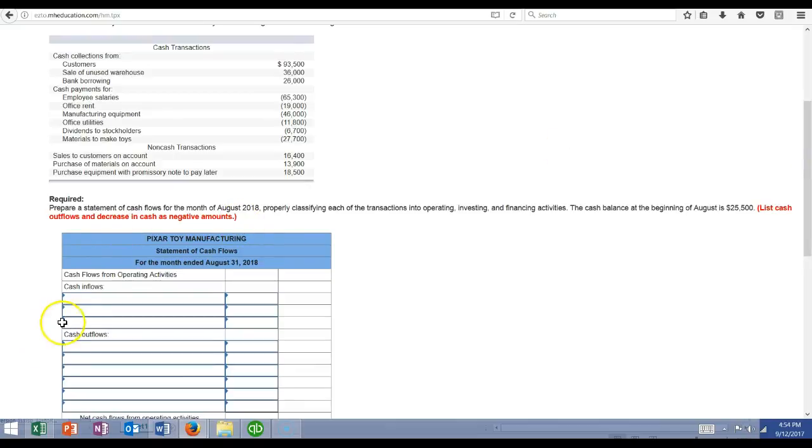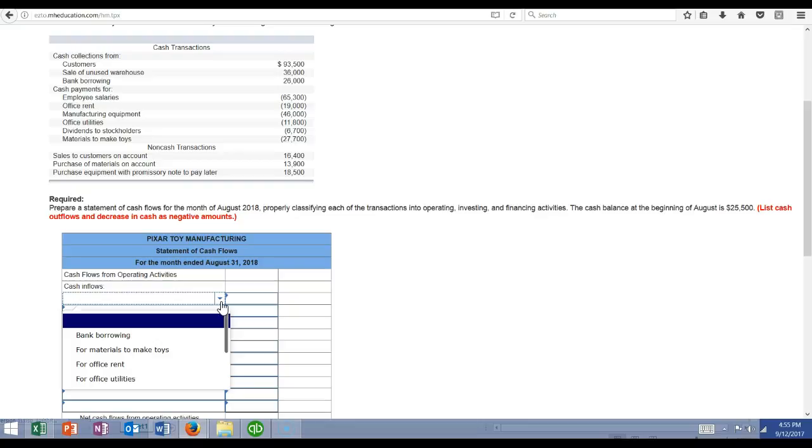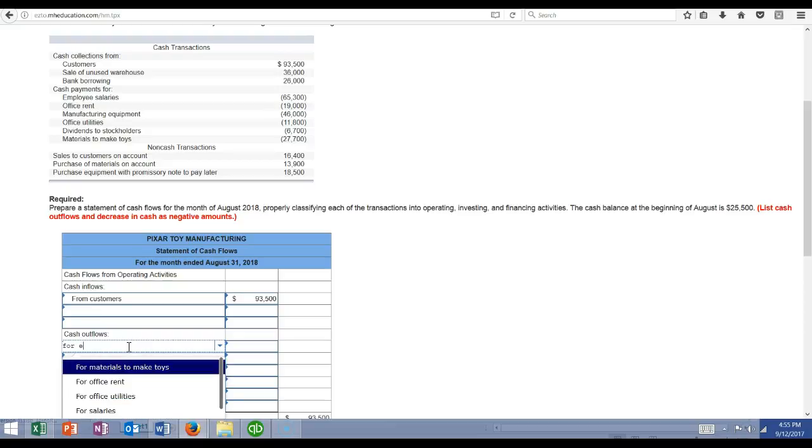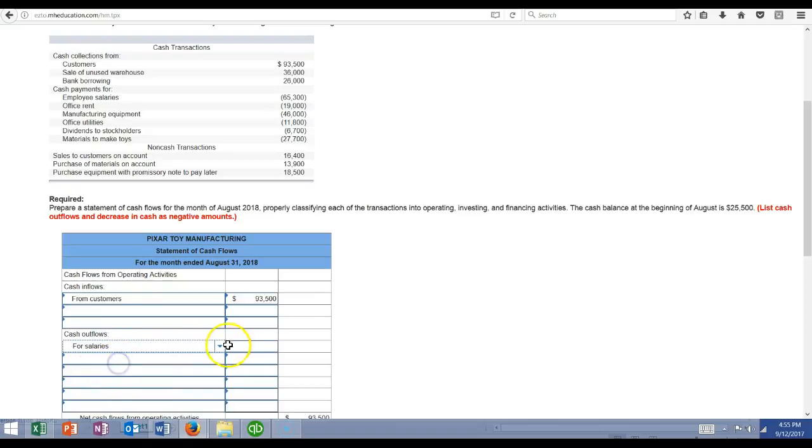So as you see here, cash inflows, the first one is from customers, $93,500. Cash outflows for employees' salaries would be minus $65,300.